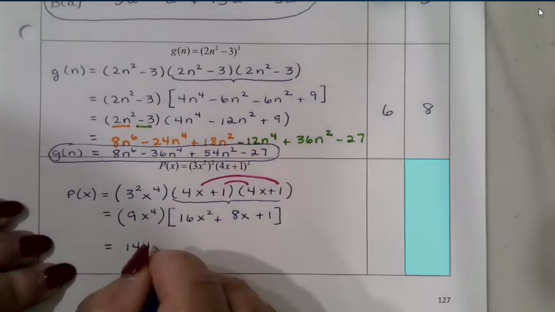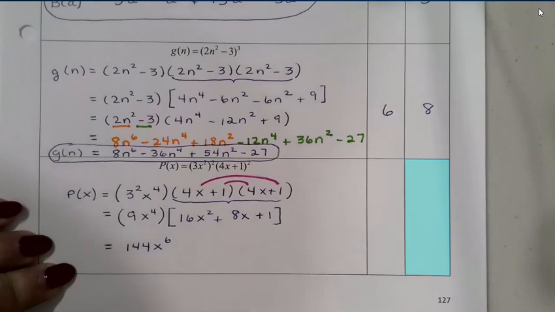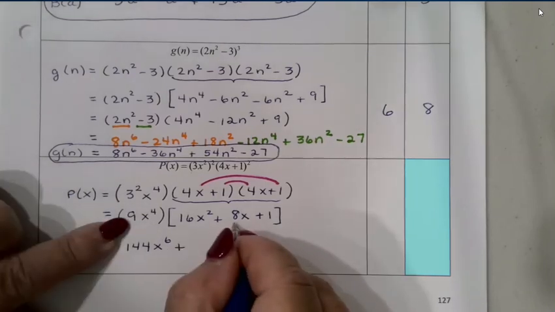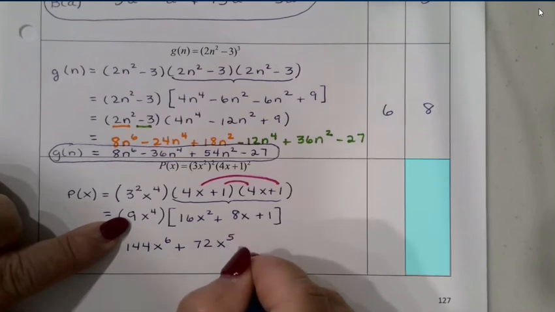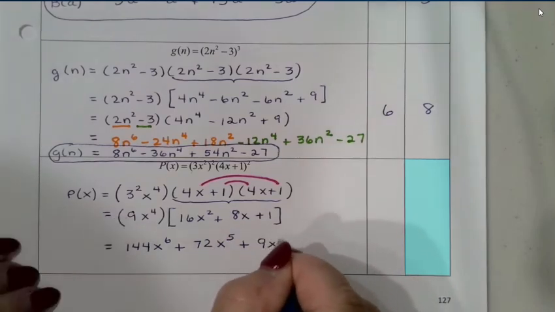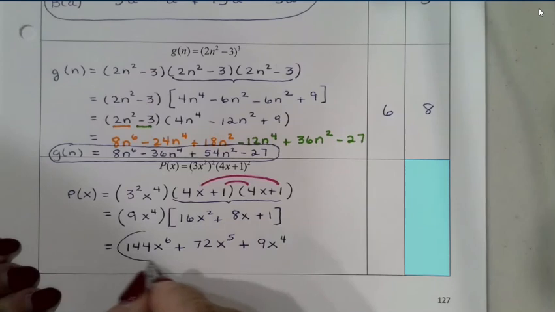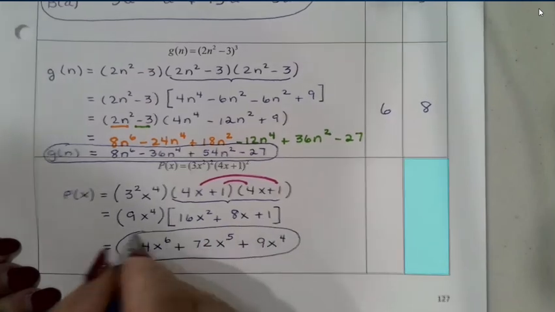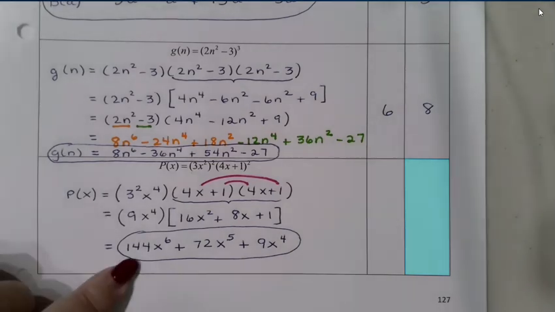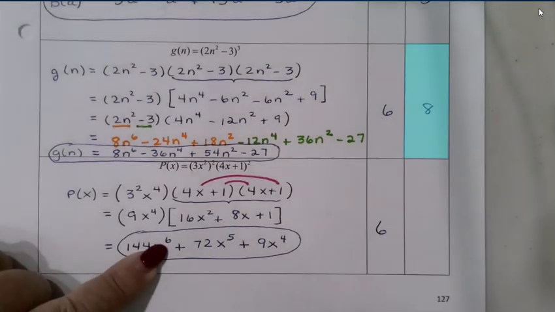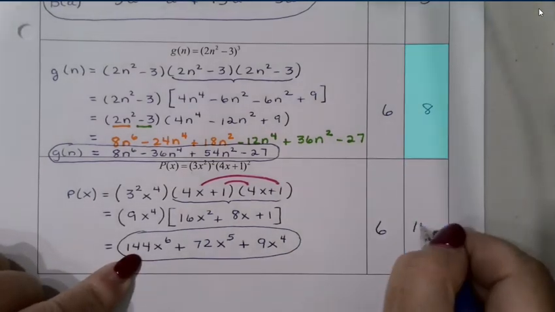Adding the exponents would give me x to the 6th plus 72, and that'll be x to the 5th plus 9x to the 4th. So this one's got a degree of 6 and a leading coefficient of 144.